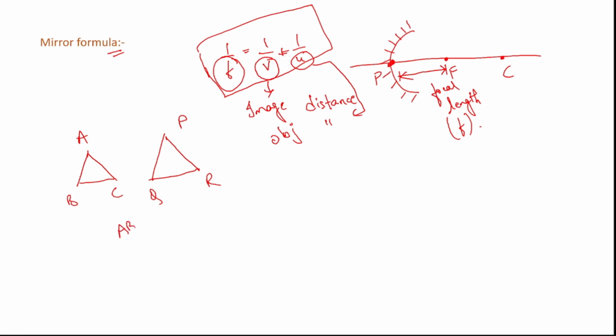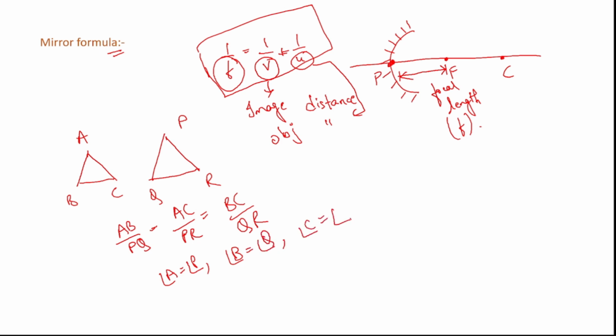So AB by PQ equal to AC by PR equal to BC by QR, and angle A equal to angle P, angle B equal to angle Q, angle C equal to angle R. So in similar triangles, the corresponding sides are proportional and the corresponding angles are equal. This is what we are going to use.